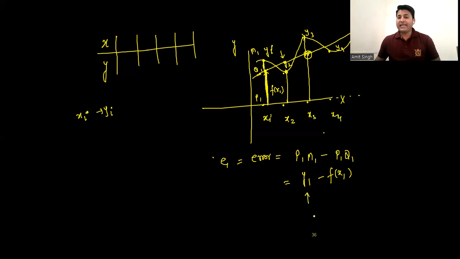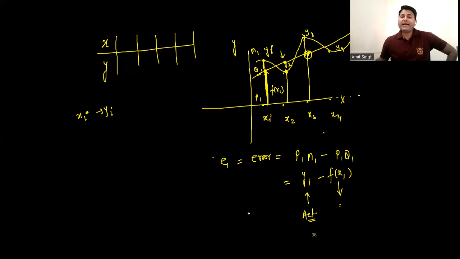What is y1 here? y1 is the actual value. And what is f of x1? It is the value that we fitted on the curve. Or we can say this is experimental, observed, and actual. This is actual, this is observed from the trend line.